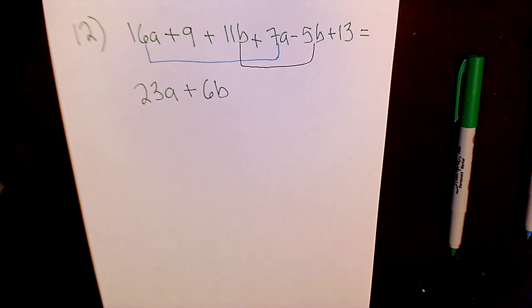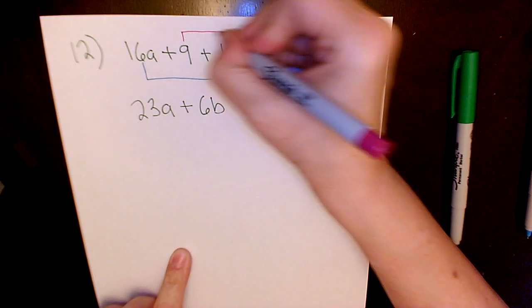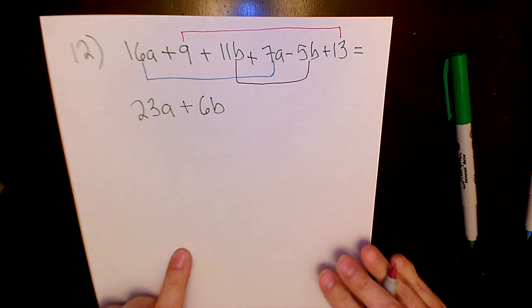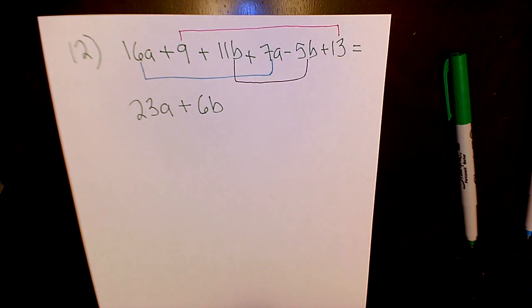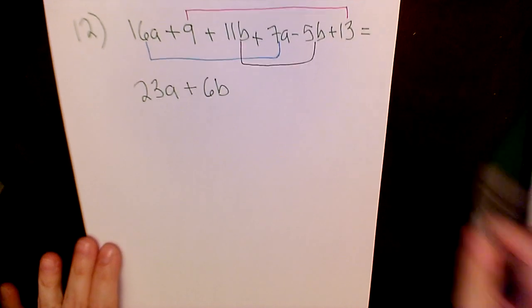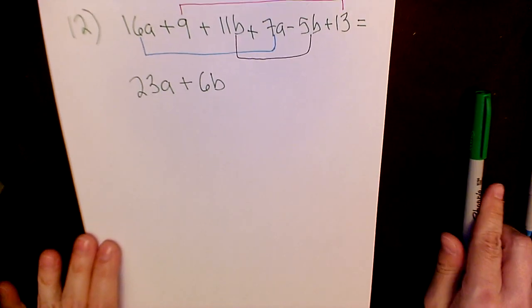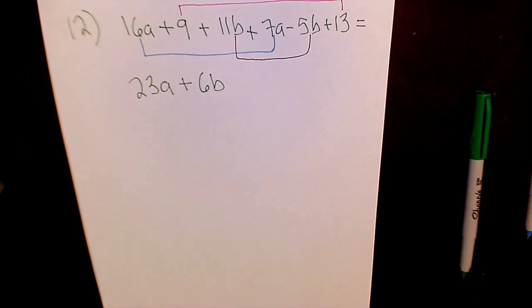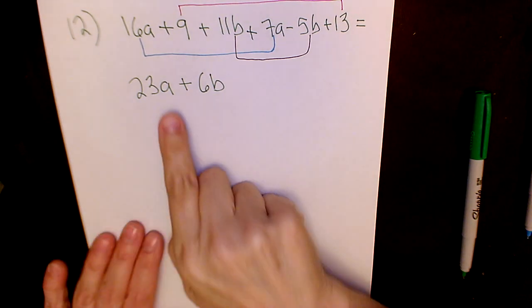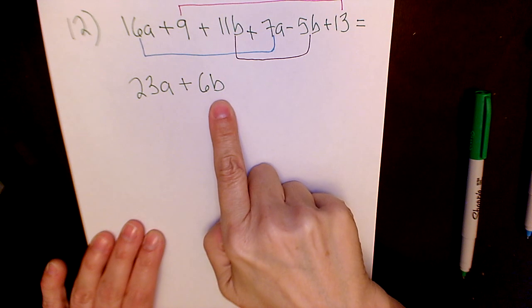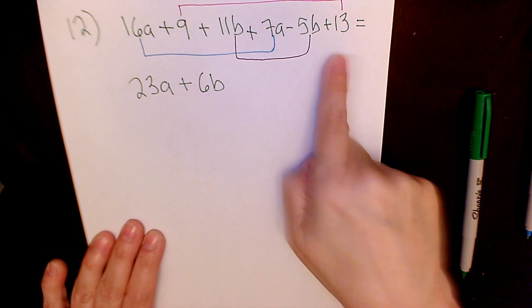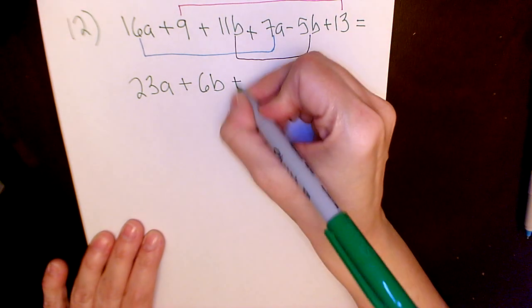And all I have left are the numbers. I've got 9 going with 13. So I'm going to add 9 and 13, and then I'll have all my A's together here, all my B's together here, and 9 and 13 is 22.